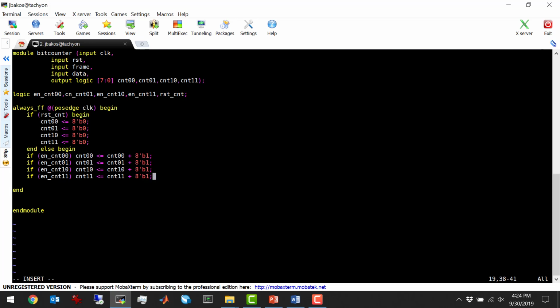Okay, and end. All right, so now I've got the counters. Now I need the state machine. For that, I'm going to have to draw the state diagram, and then I'll take my design and convert it to Verilog.